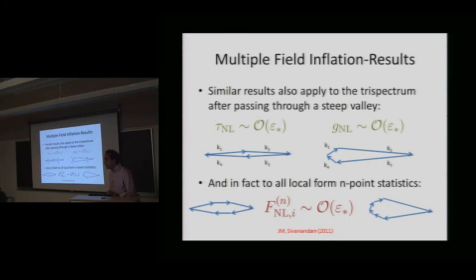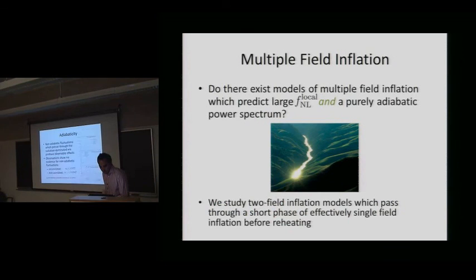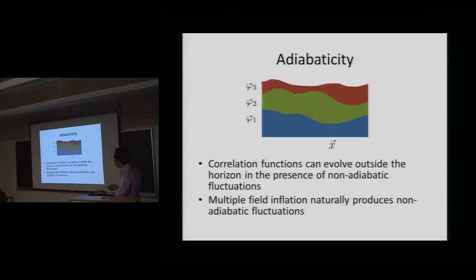So what is the effect of adding an extra field? If you have an extra field, then, in this diagram, what I'm trying to show is a non-adiabatic fluctuation, very schematically. For an adiabatic fluctuation, if you had multiple fields, all of the fields would be perturbed in the same way.